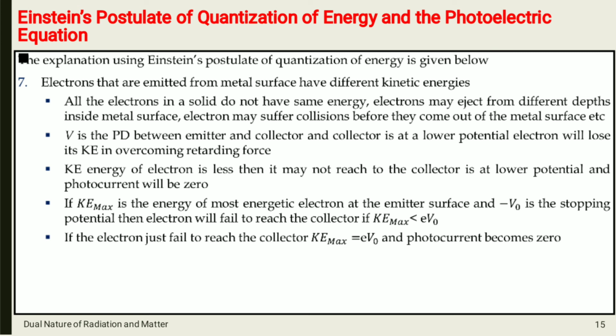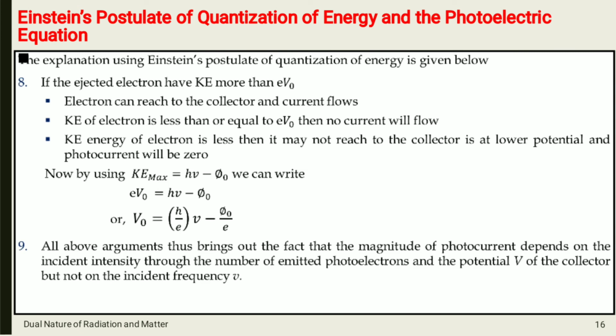This potential should be what? That is, Ke max is less than eV0. If the electron just fails to reach the collector, Ke max is equal to eV0 and photocurrent becomes 0. If the ejected electron has kinetic energy more than eV0, the electron can reach the collector and current flows.